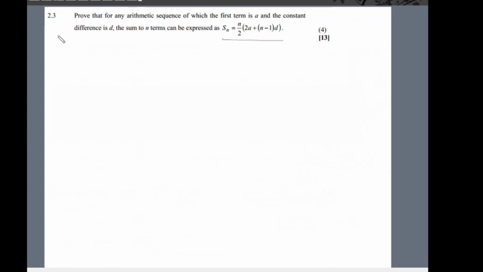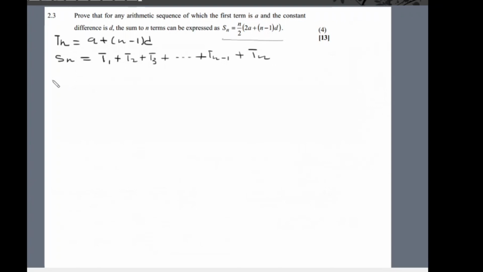Remember that the formula of the general term of an arithmetic sequence is Tn equals a plus (n minus 1)d. Then when you are adding the terms, you will have Sn equals T1 plus T2 plus T3, all the way to T(n minus 1) plus Tn, right?